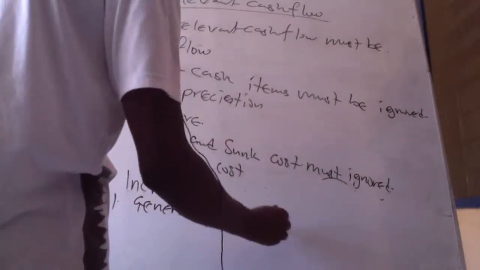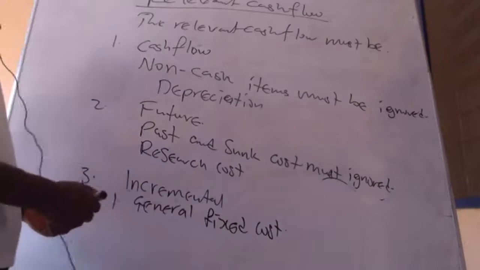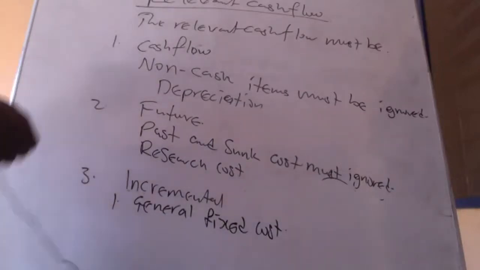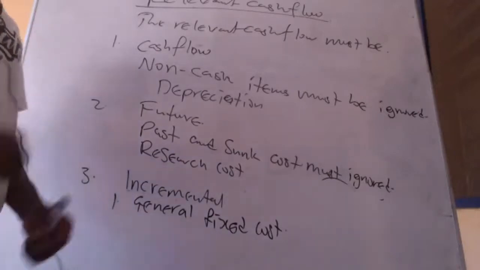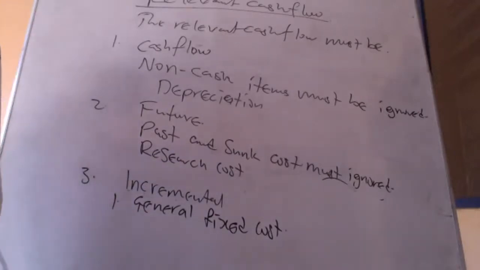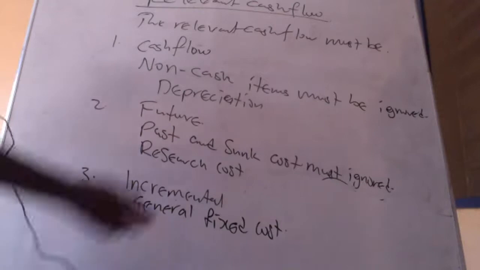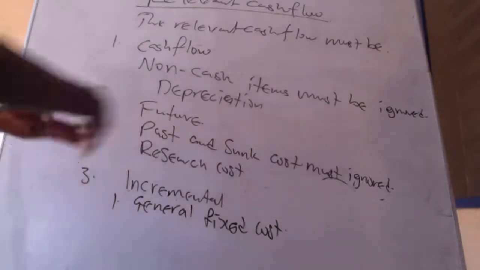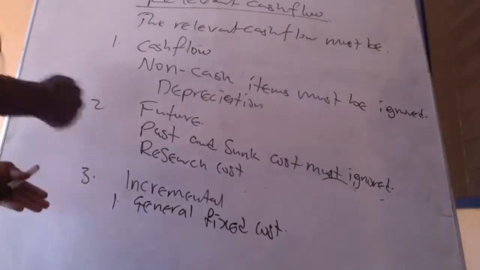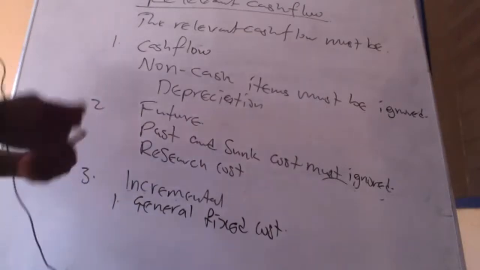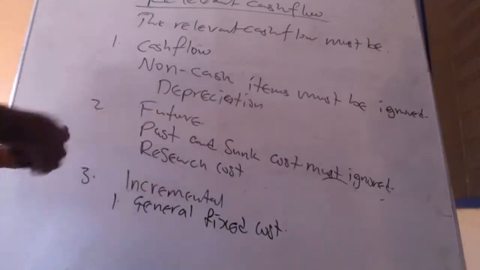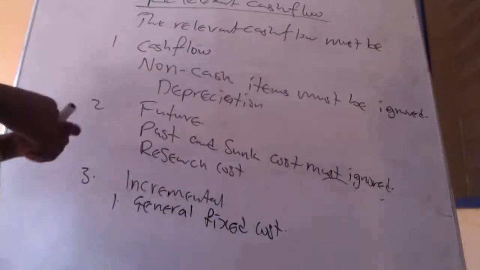If you want to pick any fixed cost, you have to pick the fixed cost which is what? Incremental. That's why we call it incremental fixed cost in the NPV calculation. We didn't write general fixed cost. We wrote incremental fixed cost, meaning it is solely and directly relating to the project.